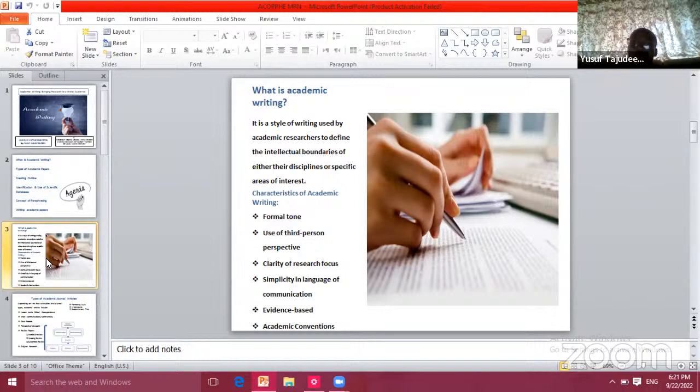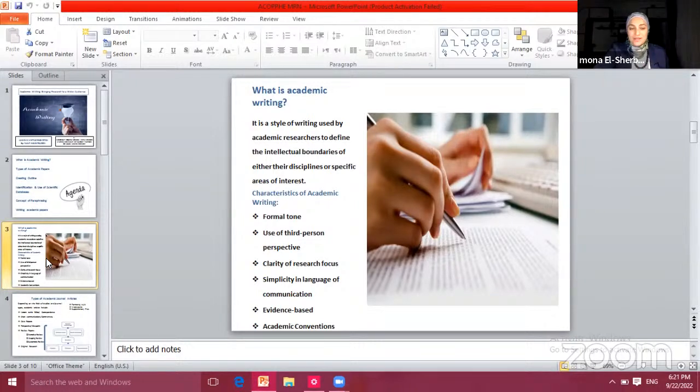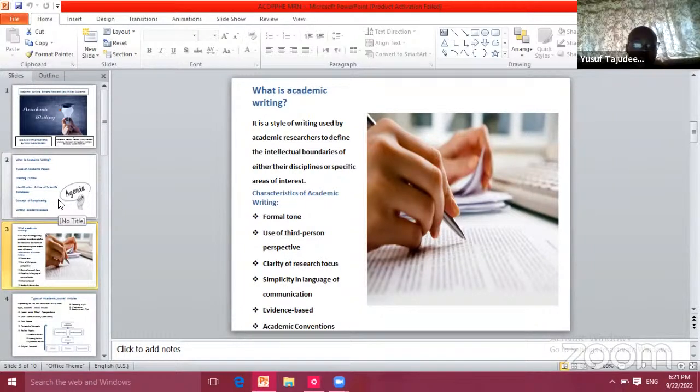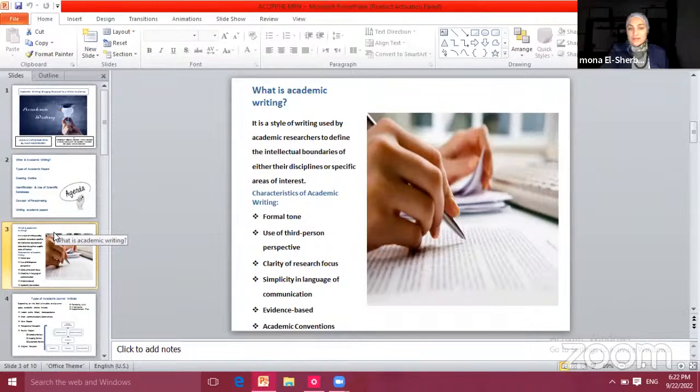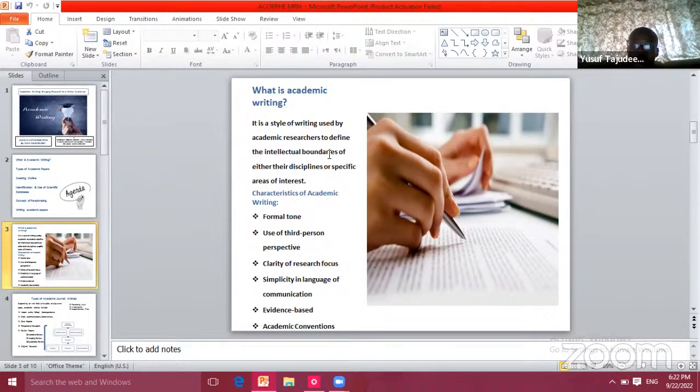Pardon me for interrupting, but can you please share your slides full screen? This will be much easier for us to catch up with everything inside them. So I think I've shared the screen. Can you see the slide itself in full mode? Should I zoom?